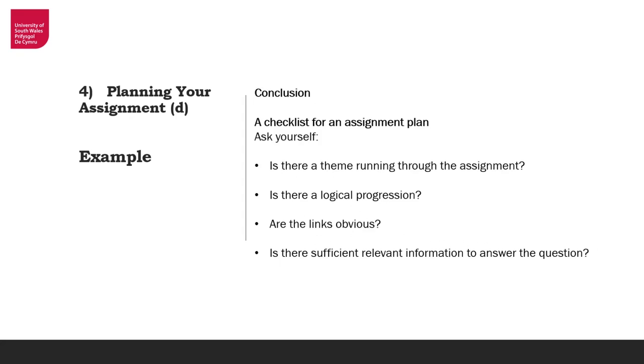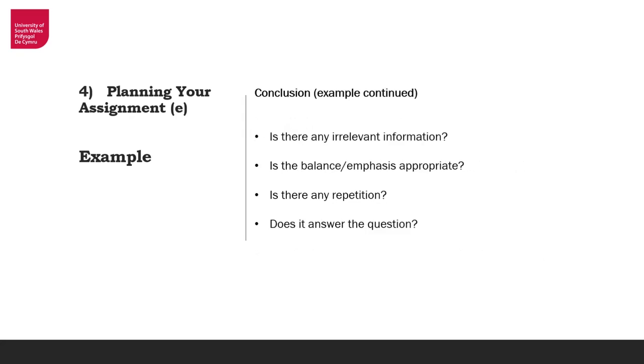Planning your assignment D. Example continued. The conclusion. A checklist for an assignment plan. So you need to ask yourself, is there a theme running through the assignment? Is there a logical progression? Are the links obvious? Is there sufficient relevant information to answer the question? And the conclusion continued. Is there any relevant information? Is the balance or emphasis appropriate?